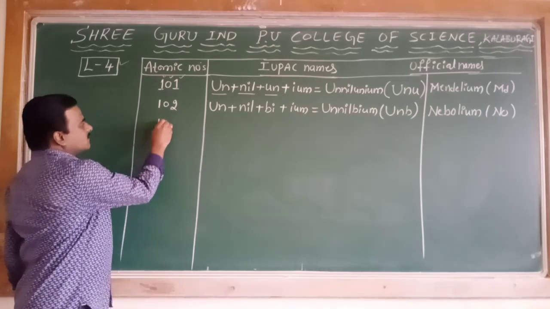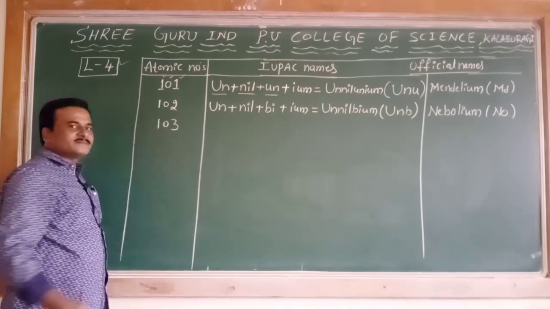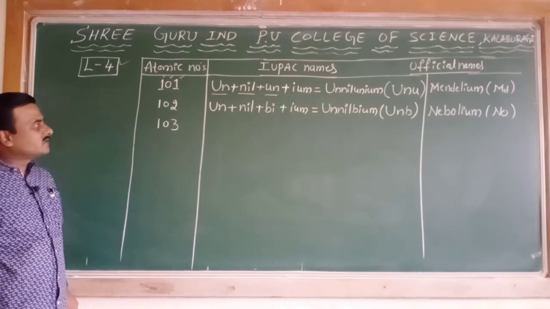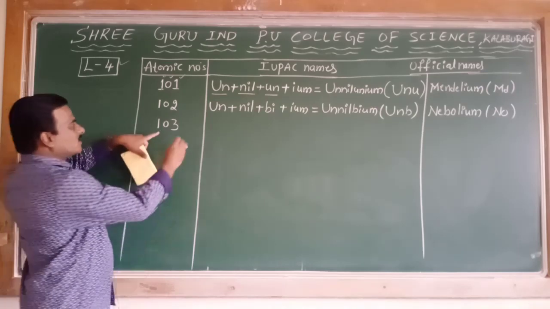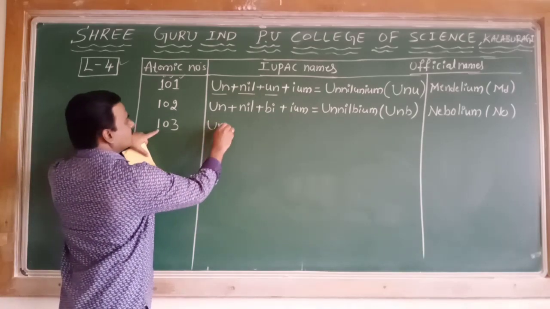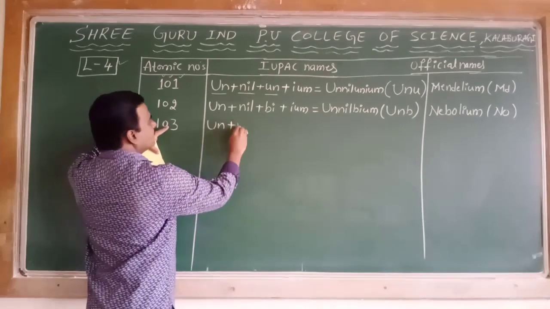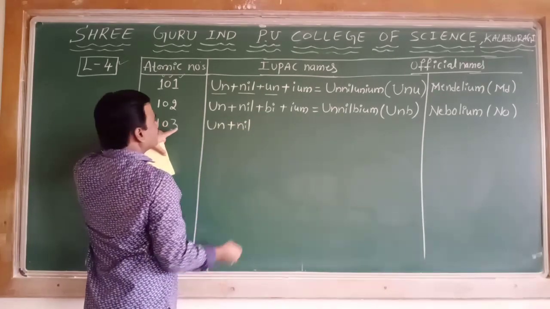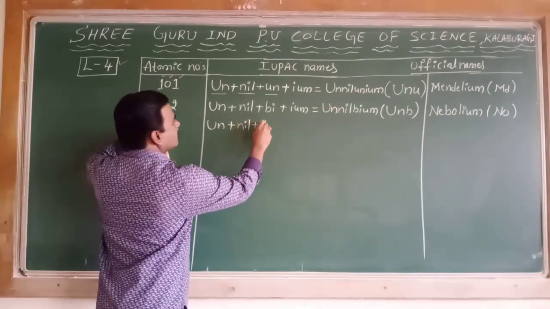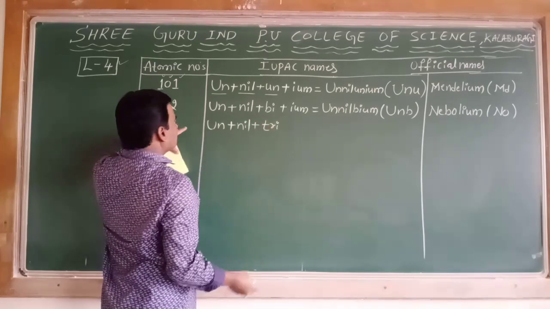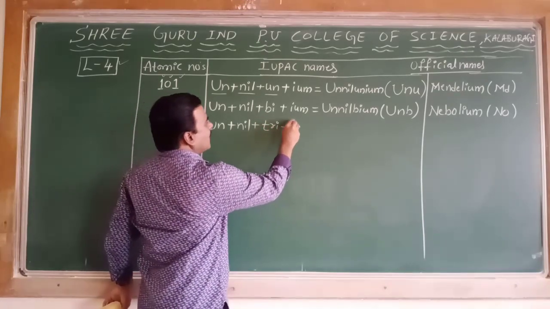Next, atomic number 103. Again follow the rule: un, nil, tri, and the suffix ium.